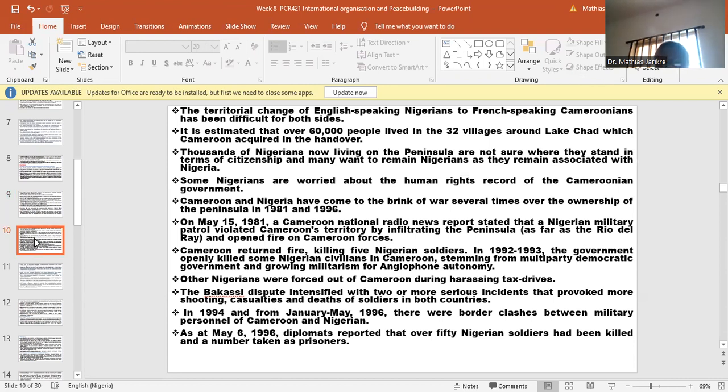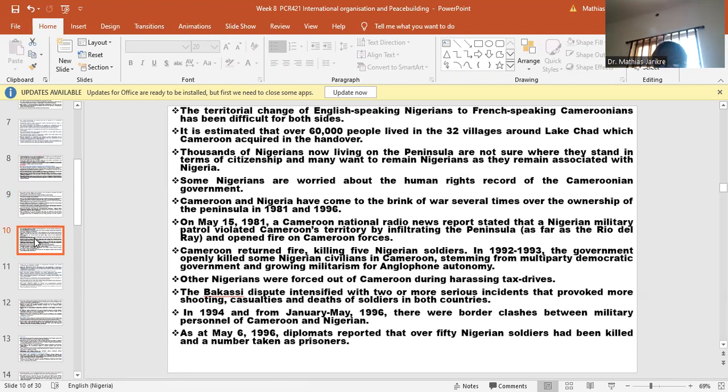It is estimated that over 60,000 people live in the 32 villages around Lake Chad, which Cameroon acquired in the handover. Thousands of Nigerians now living in the peninsula are not sure where they stand in terms of citizenship and may want to remain Nigerian as they remain associated with Nigeria. Some Nigerians are worried about the human rights record of the Cameroonian government.